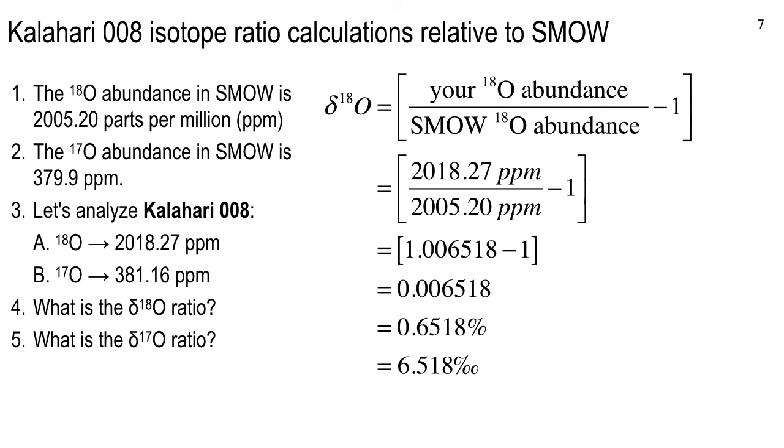Question? How many decimal points are we typically supposed to use? I'll tell you all the time. And on the upcoming question that you're going to calculate, I'm going to ask you to go to the nearest 2 decimal points per mil. So this one, if I were asking a question and I wanted you to type it in, you would type in 6.52.